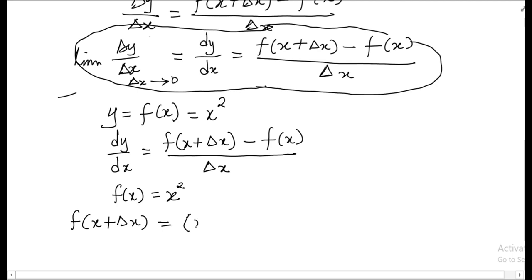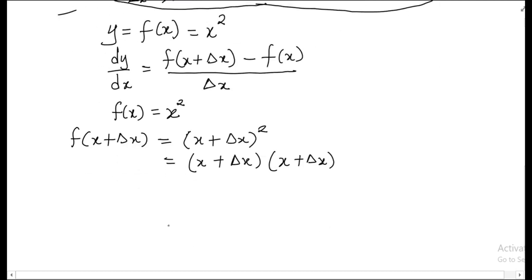So this will be equal to (x + dx) all squared, and then the moment you square this, you have (x + dx) times (x + dx). So by expansion, we have this function as x squared + 2x dx + (dx) all squared.